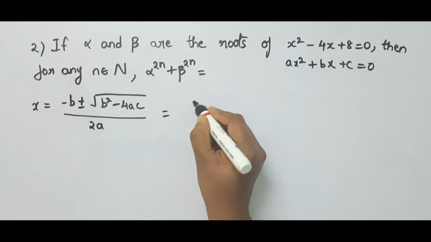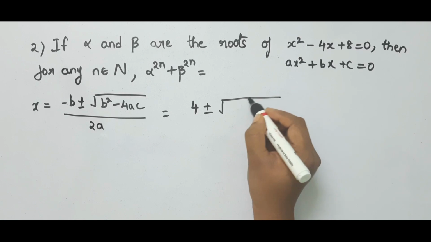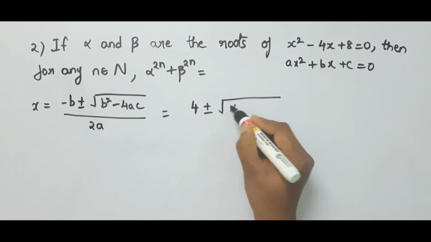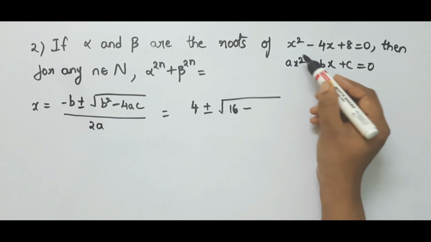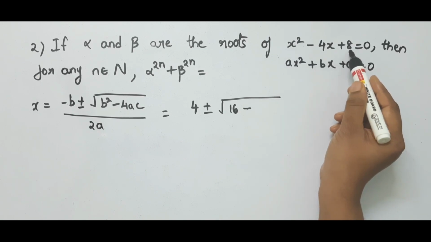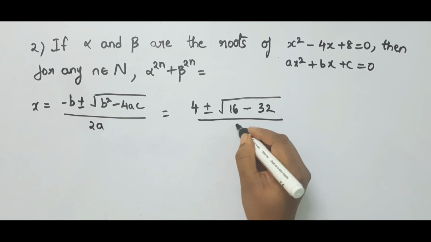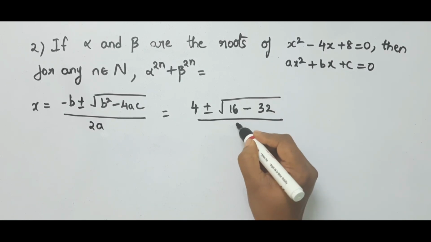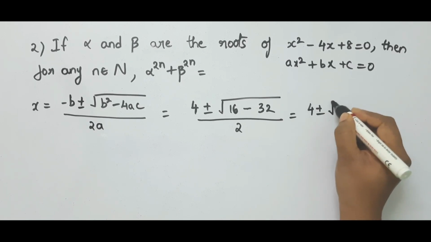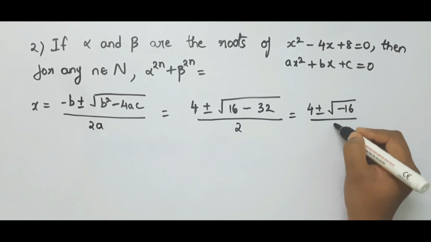So the value here will be 4 plus or minus square root of b square, which is nothing but 4 square, 4 square is 16, minus 4ac. In place of a it is 1, 1 into 8 is 8, 8 into 4 is 32, by 2a. In place of a it is 1, so this is 2. So this is equal to 4 plus or minus square root of minus 16 by 2.